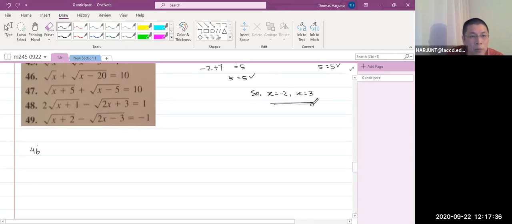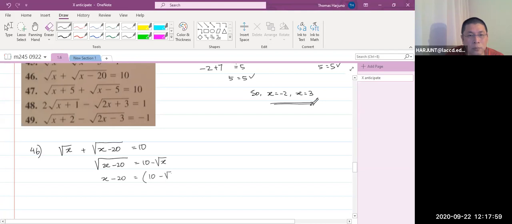So number 46: square root of x plus square root of x minus 20 equals 10. Isolate one of the radicals. Square both sides. x minus 20 equals 100 minus 20 radical x plus x.